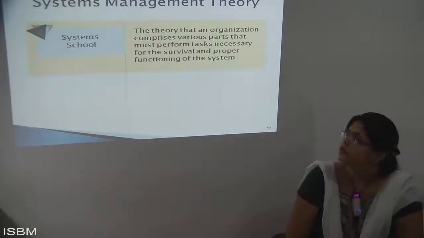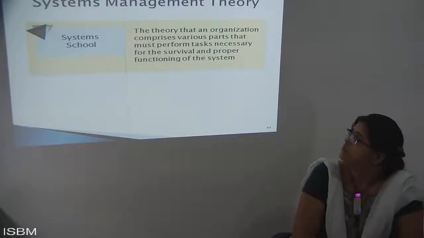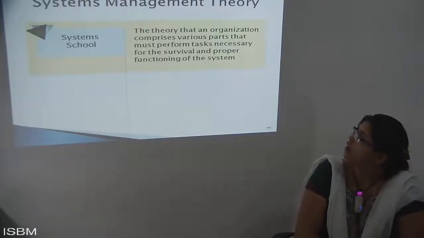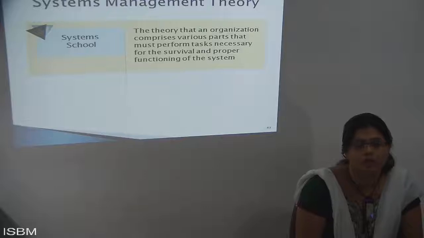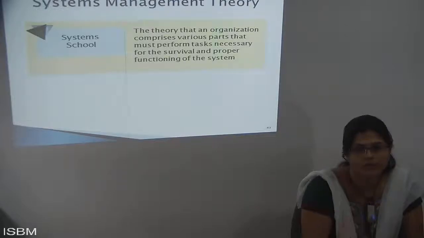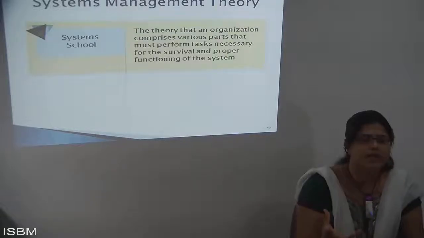Then next it is the system management theory. In this theory, the organization comprises various parts that must perform the tasks necessary for survival and proper functioning. So in this systems theory, you get knowledge about how the work is done in a systematic way, where you complete a certain kind of task and you are goal-oriented. At that time you are not creating any barriers or problems.